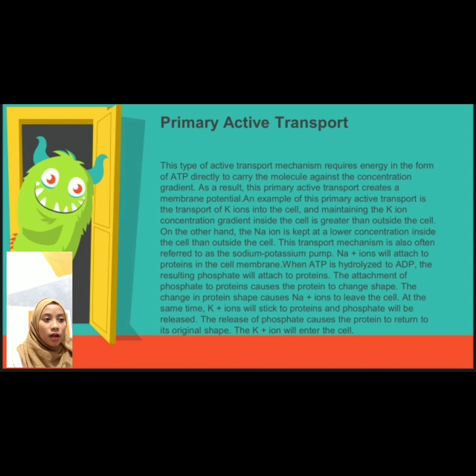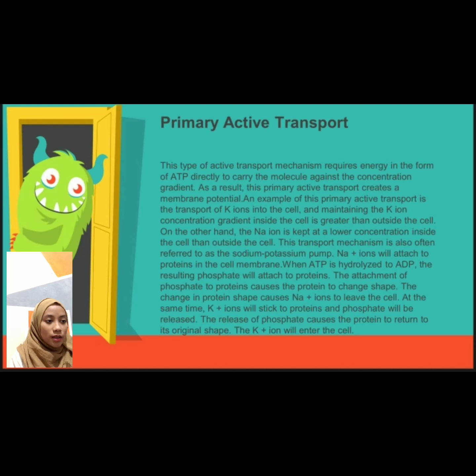An example of this primary active transport is the transport of K ions into the cell and maintaining the K ion concentration gradient so that it is greater inside the cell than outside the cell.